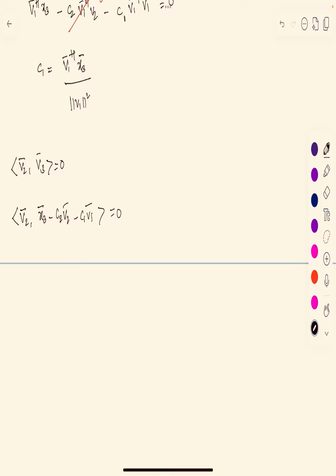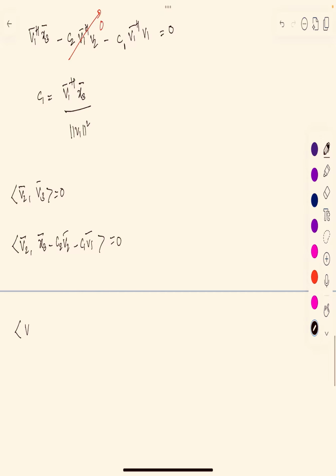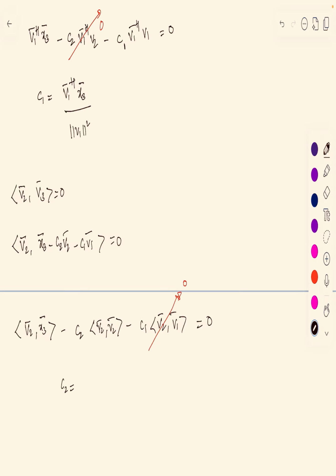So this will be V2 bar x3 bar minus C2 V2 bar V2 bar minus C1 V2 bar V1 bar equal to 0. So this last term will go to 0 as V1 and V2 are orthogonal by construction. Then this will give us C2 as the inner product, or I'll write in Hermitian format, V2 Hermitian x3 bar by norm of V2 squared. Okay.